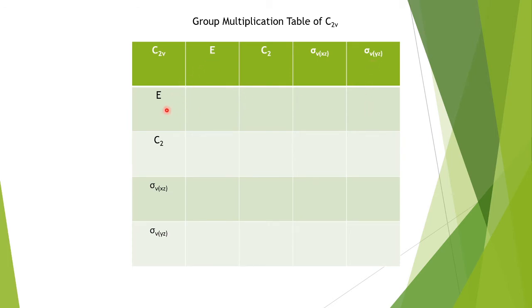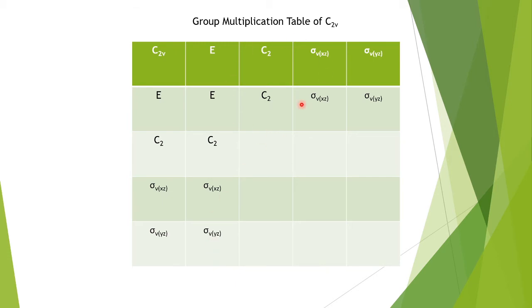Similarly, here you have E into E, then C2 into E, it is C2, sigma V XZ into E, it is sigma V XZ, and sigma V YZ into E, it should be here sigma V YZ. Okay, this is the one. E C2 sigma V XZ sigma V YZ, and similarly E C2 sigma V YZ and sigma V XZ.